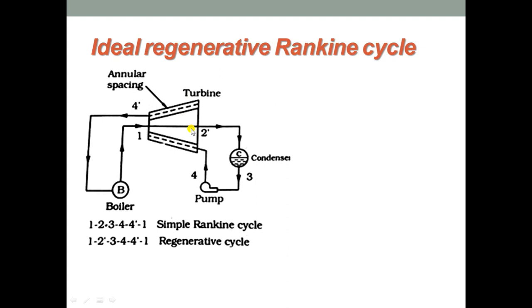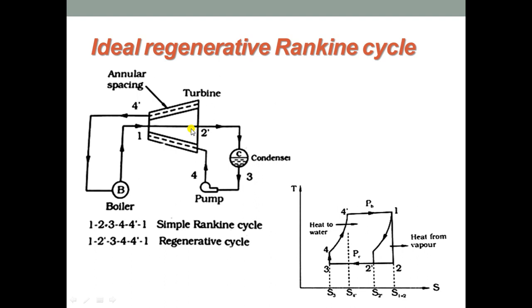The irreversible mixing with the boiler water reduces the cycle efficiency, and hence to overcome this, a method is used to heat the feed water by interchange of heat within the system, called regenerative feed heating, and the corresponding cycle is called regenerative or bleeding cycle. Figure shows the flow on TS diagram of an ideal regenerative Rankine cycle.